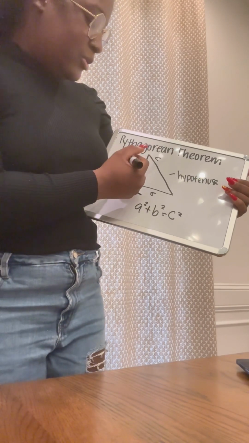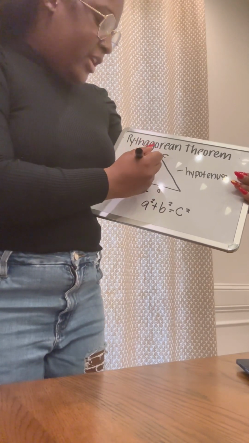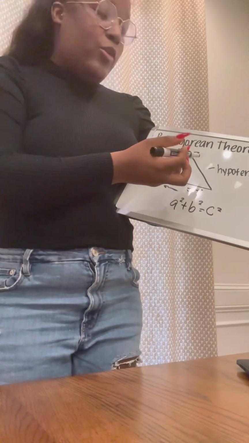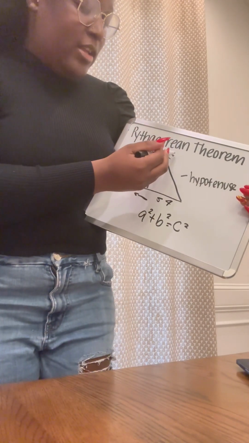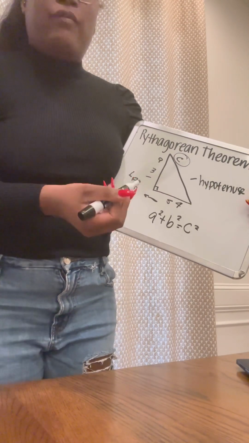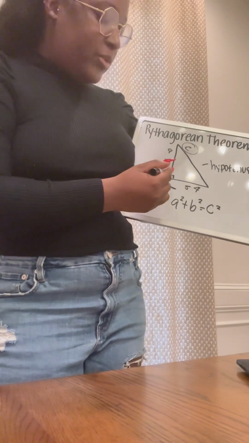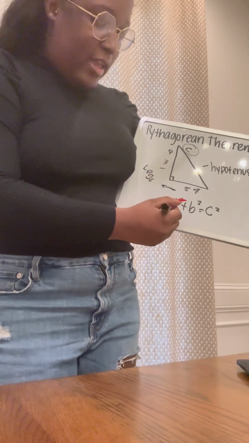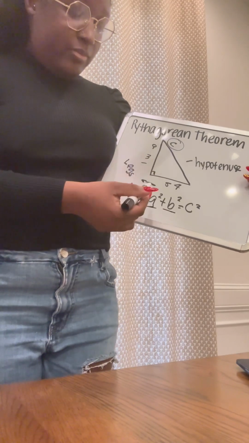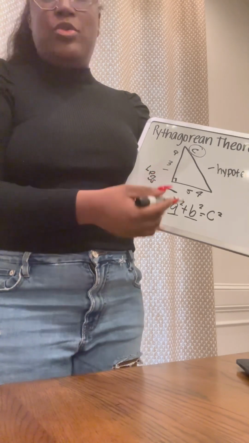So I'm going to do, let's see, 3 here, and then I'm going to do 4 here, okay? So the hypotenuse is going to be the side that we are going to be looking for, okay? So we're going to plug the 3 and the 4 into a and b, and it doesn't matter which numbers you use for which letter.